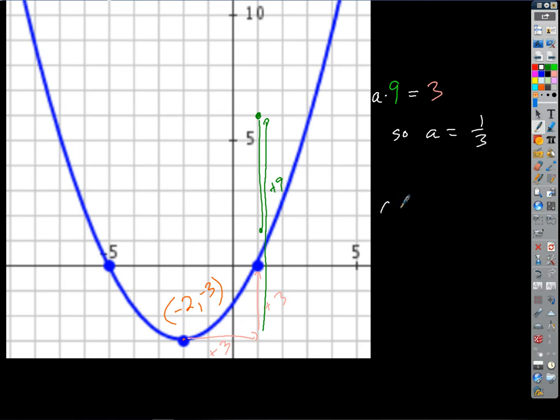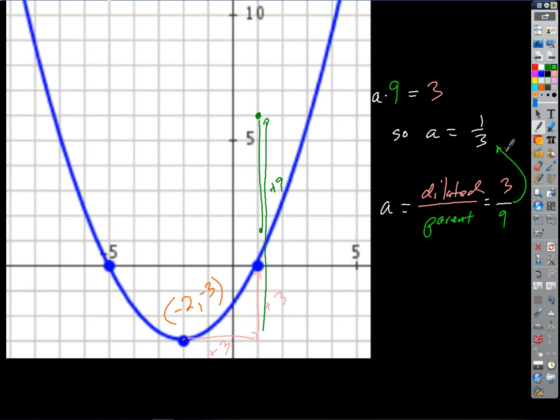Or the other way we could always think about it is a equals the dilated divided by the parent, right? The dilated is 3, parent is 9. 3/9 gives me 1/3, right?